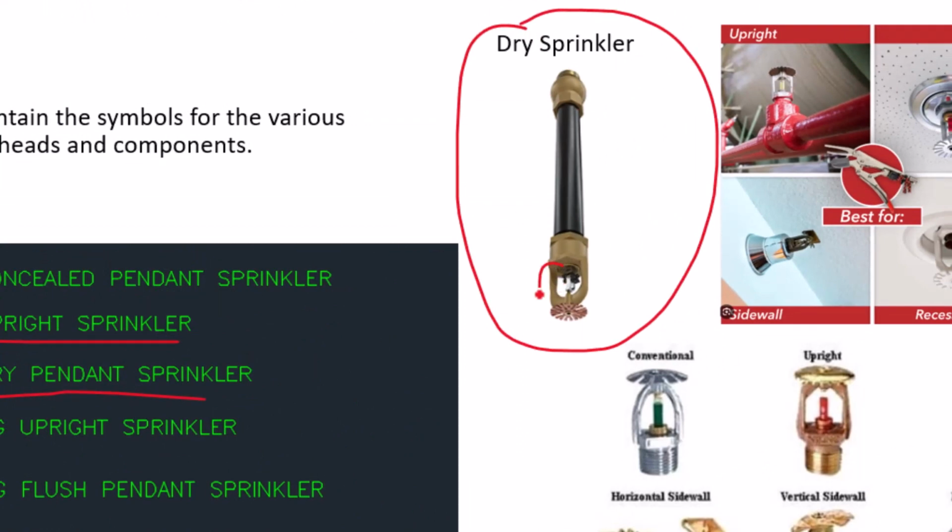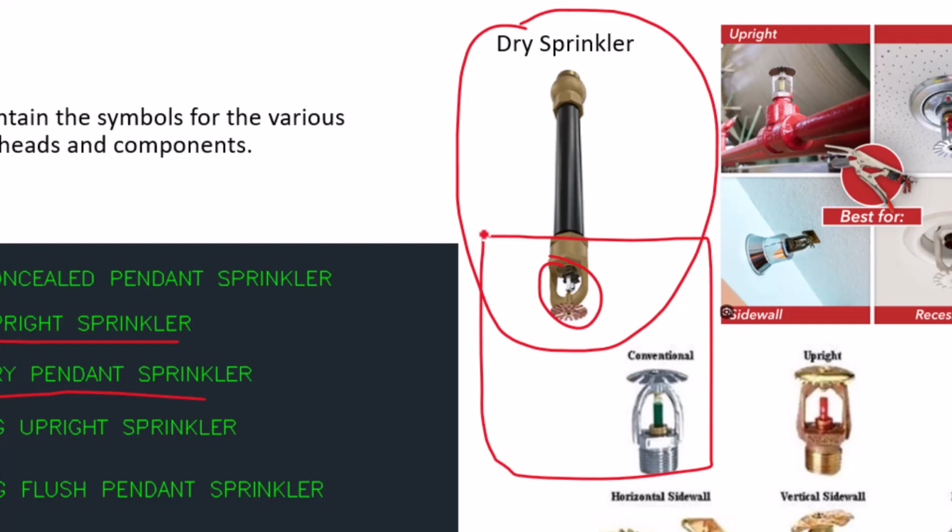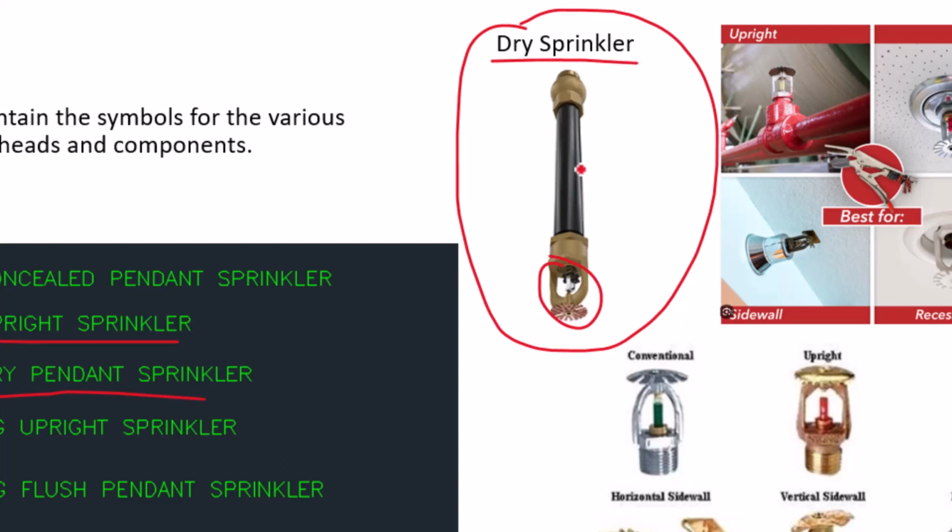So you have the sprinkler head, which may be in an area such as an outdoor area, or it could be another area such as a walk-in freezer, that if there was water in the system would freeze and potentially burst the pipe. So in those cases where freezing could be a concern, we use a dry sprinkler such as this here.